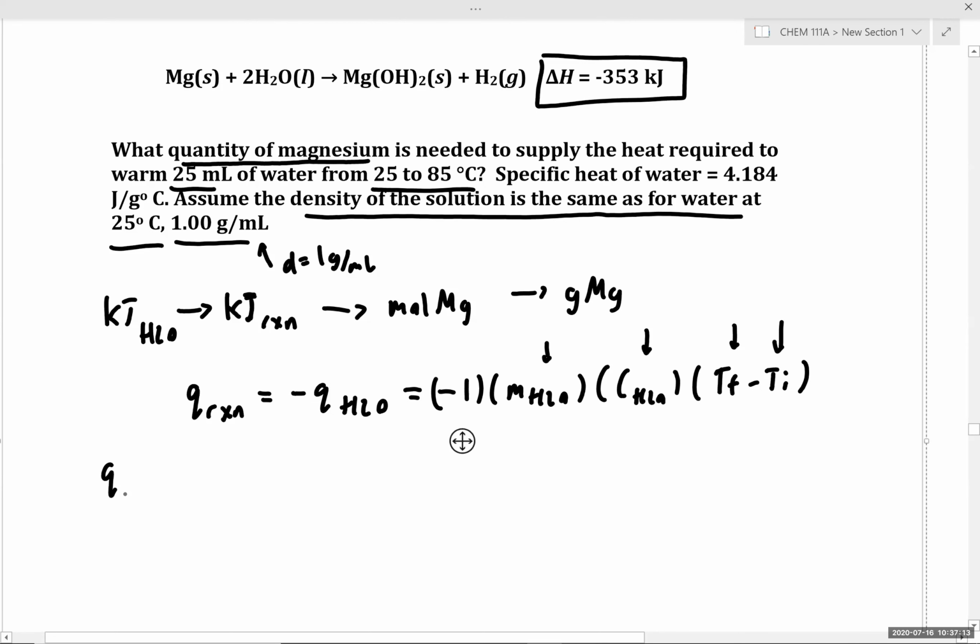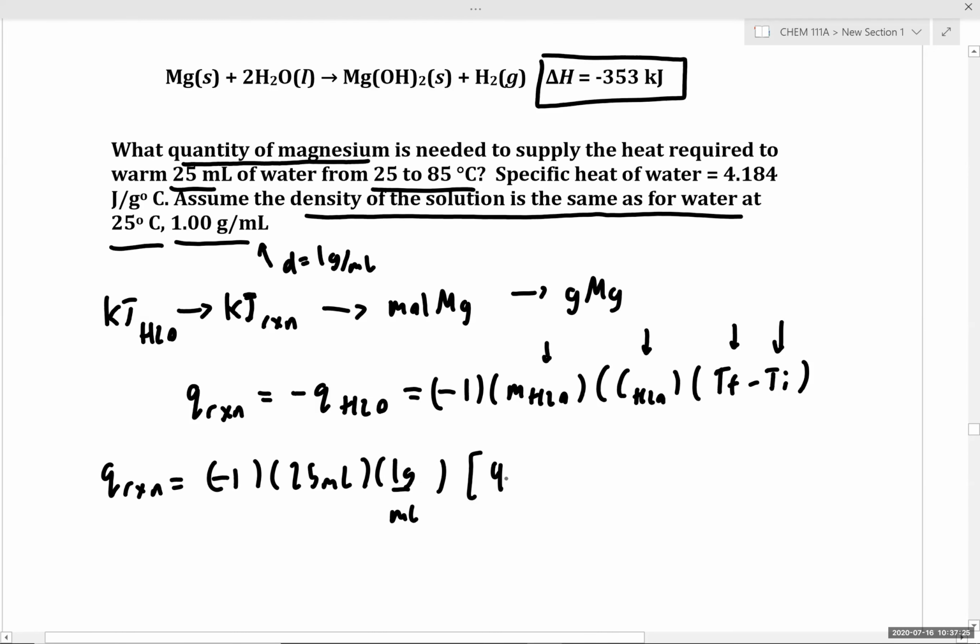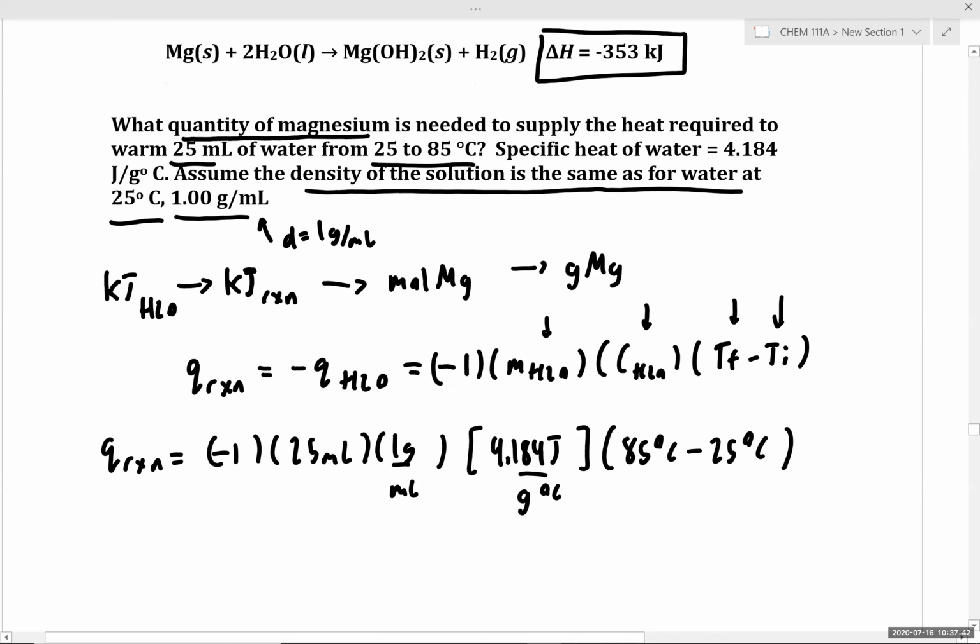So then our Q reaction is equal to -1 times the mass of water, which is 25 milliliters times 1 gram per mL, times the specific heat of water, which is 4.184 joule per gram degrees Celsius, times T final, which is 85 degrees Celsius, minus T initial, which is 25.